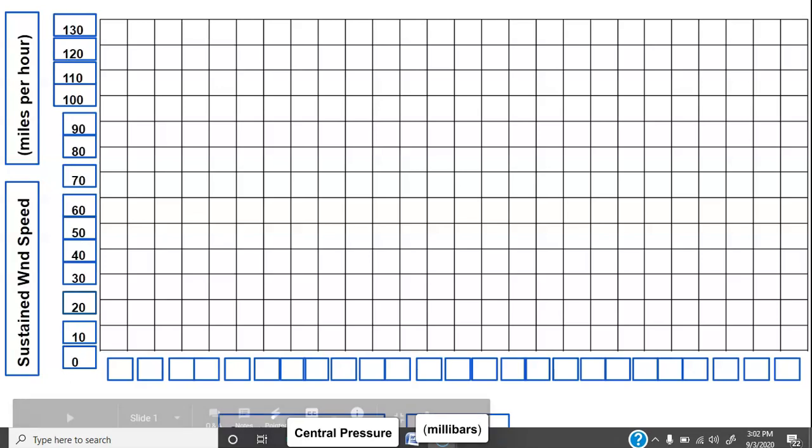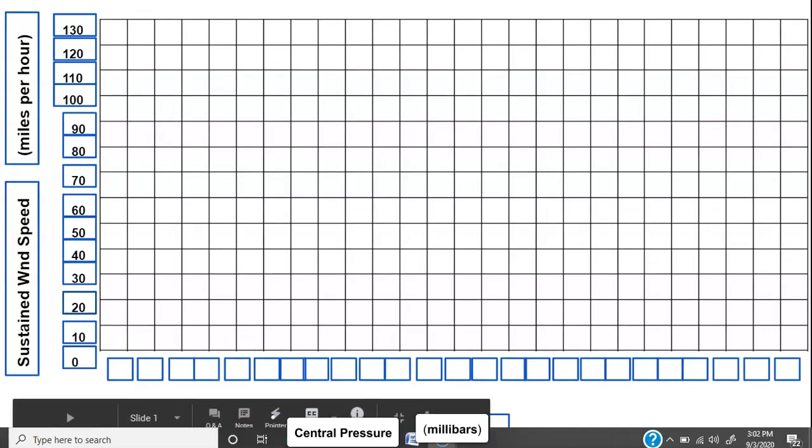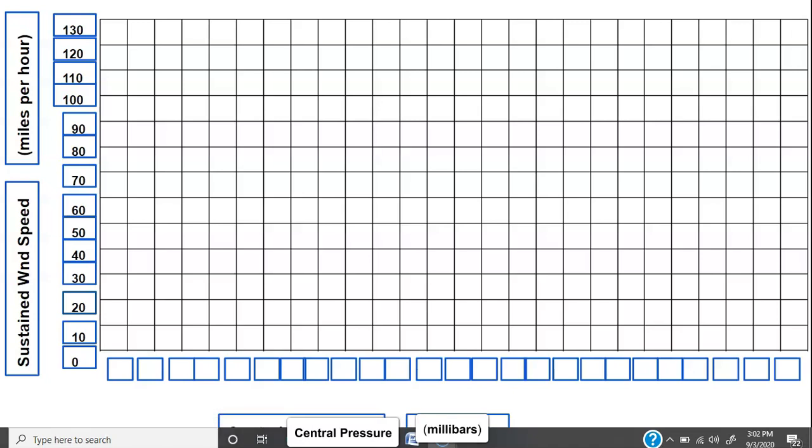And I'm back. And as you can see, I've put all my numbers into my y-axis, which is my dependent variable. Now I need to do the same thing on my x-axis for the central pressure. So here's how we figure this out. I know my lowest pressure for this hurricane was 948.